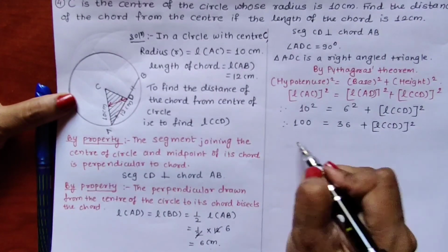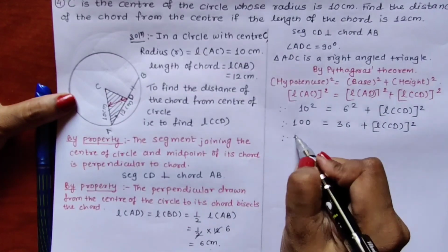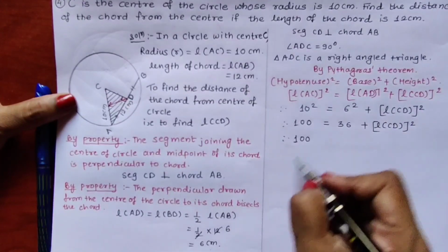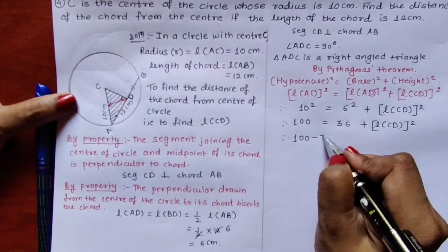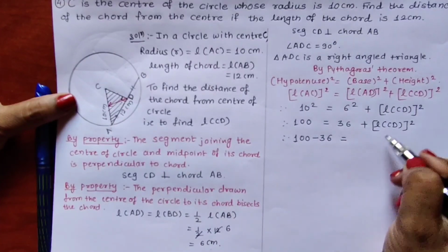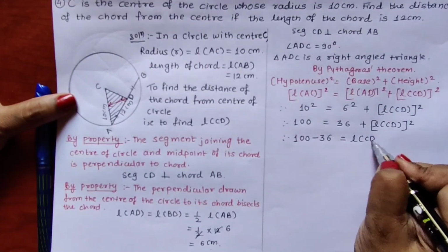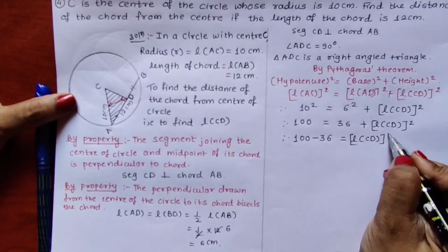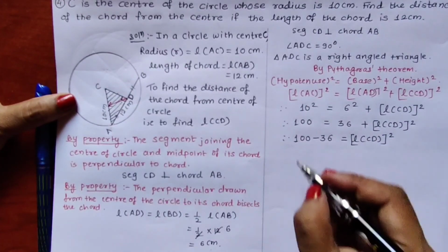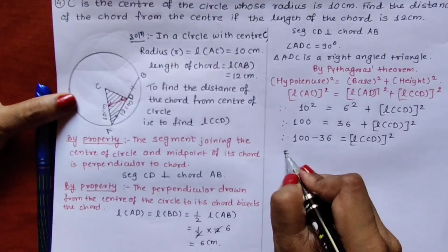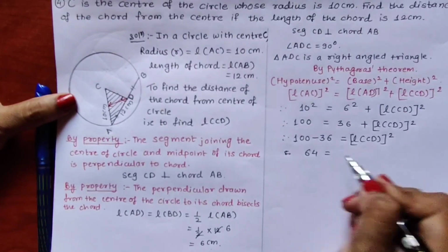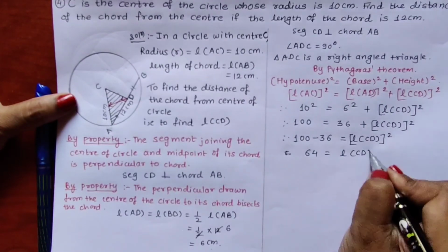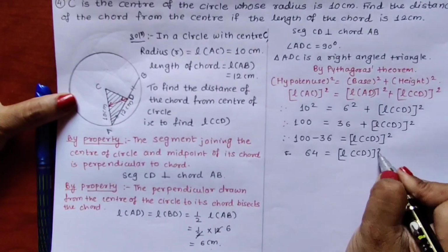Now this 36 we can bring on the left hand side. 100 as it is, minus 36 is equal to length CD square. So 100 minus 36 is 64. We are getting length CD square.